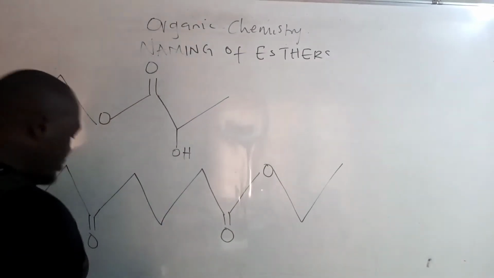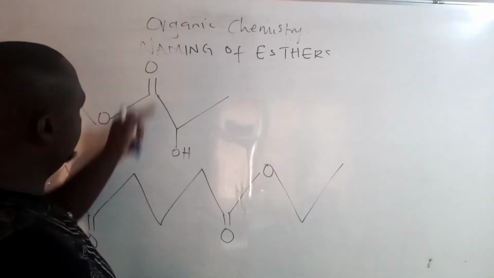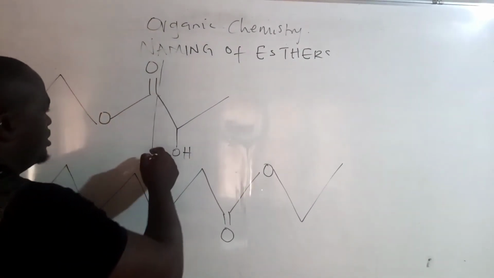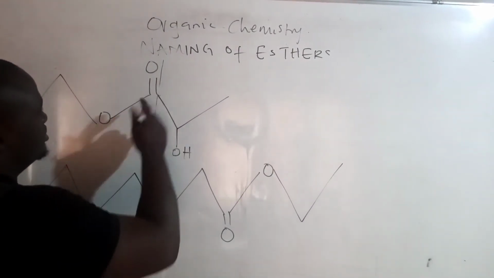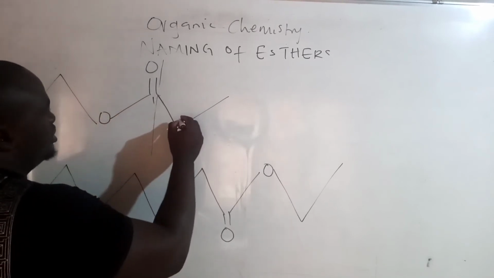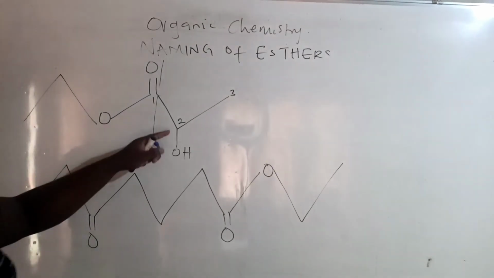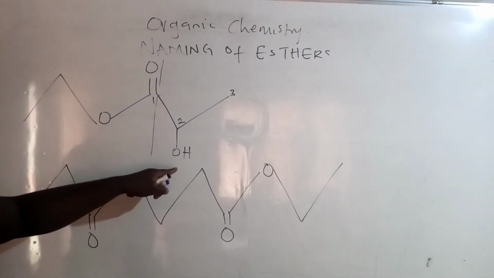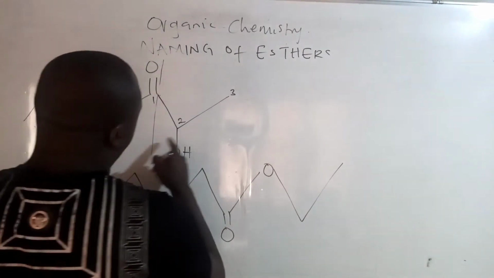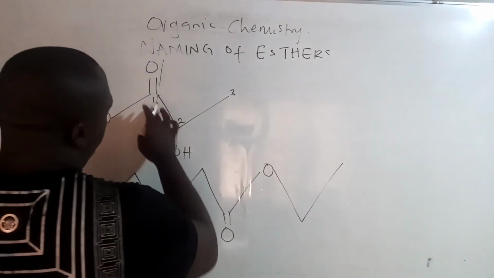So naming the side that does not contain the oxygen, meaning from this place, we name it, right? So this is 1, 2, and 3. So we have a hydroxyl branch here. So this will give me what? 1, 2, 3.